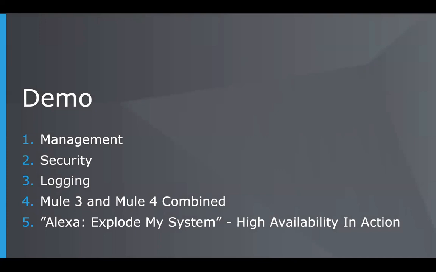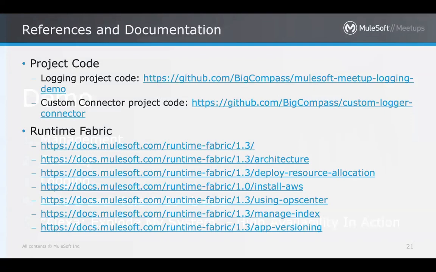Finally, Alexa, open Pandora's box, and what's the status of my system? The system is healthy. Great. So we went from an unhealthy state to a healthy state. And I could go back and rebalance the deployments of the Mule 3 and Mule 4 application if I wanted to. That is the extent of the demo.